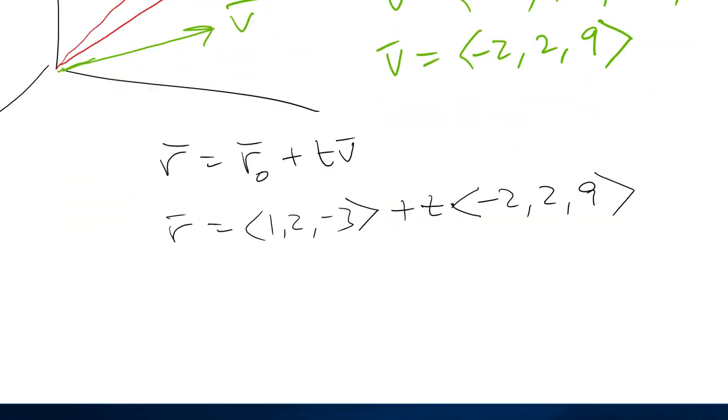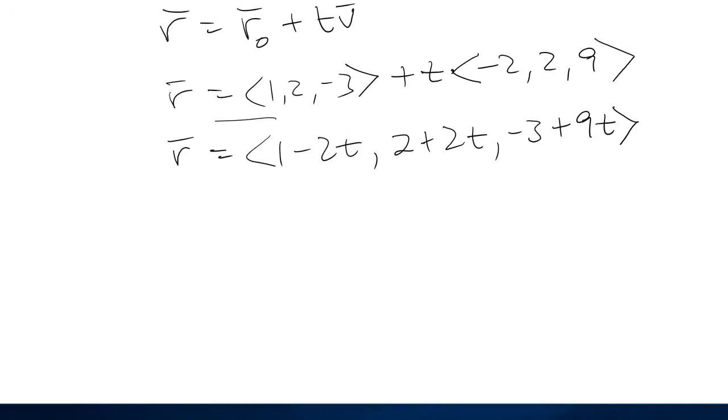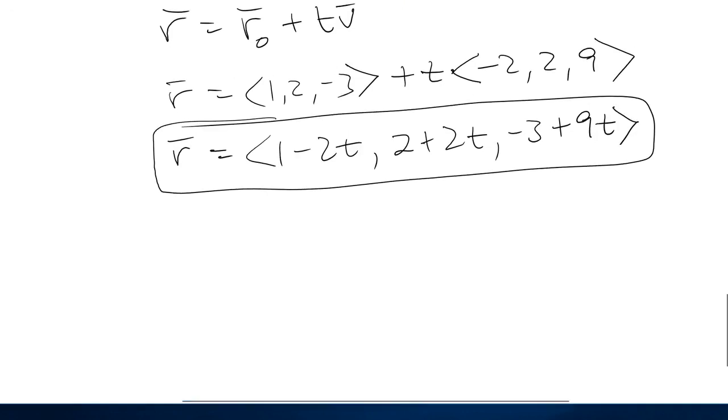Okay, so now we just keep going with this. So r is (1 minus 2t, 2 plus 2t, -3 plus 9t). There we have it. And so that is the vector form of the line. Okay.